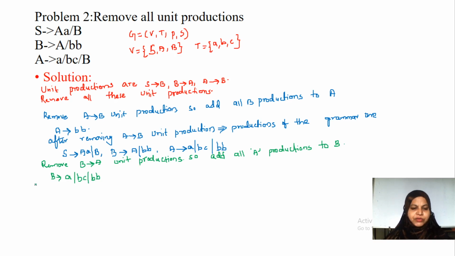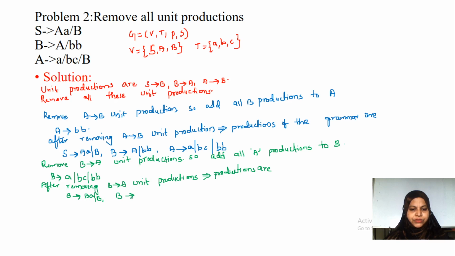Now, after removing the B tends to A unit production, what are my productions now? Here, B tends to A is there, right? See here, S tends to B is there, right?